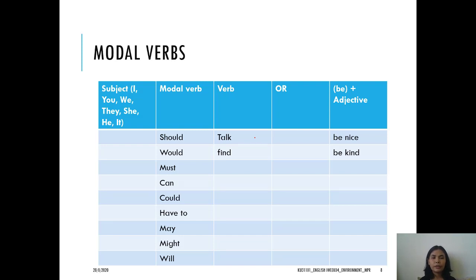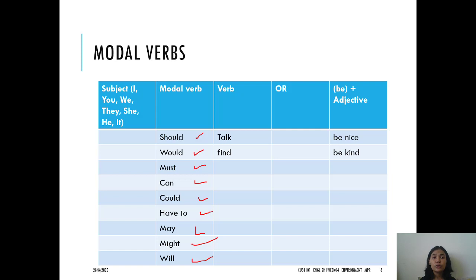The examples of modal verbs are over here. As you can see, there are should, would, must, can, could, have to or has to, may, might, will. And these are only examples because there are actually more modal verbs.